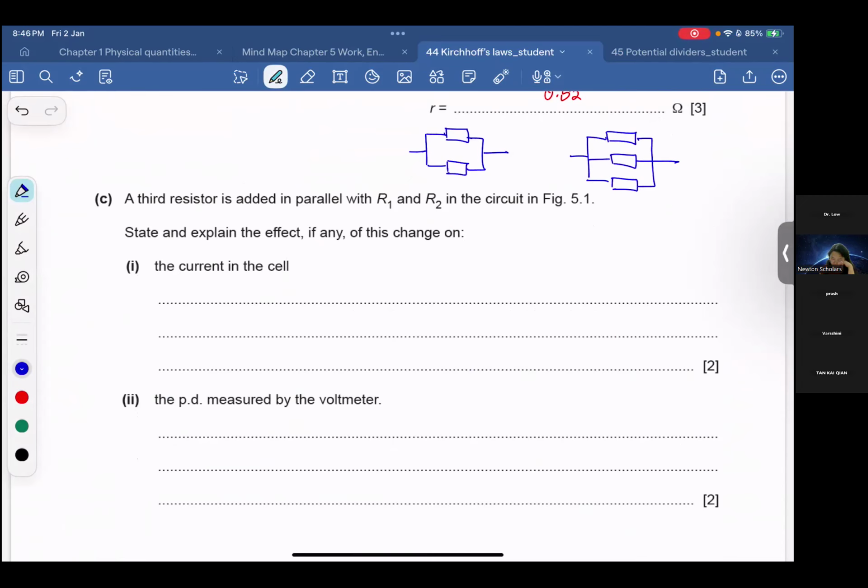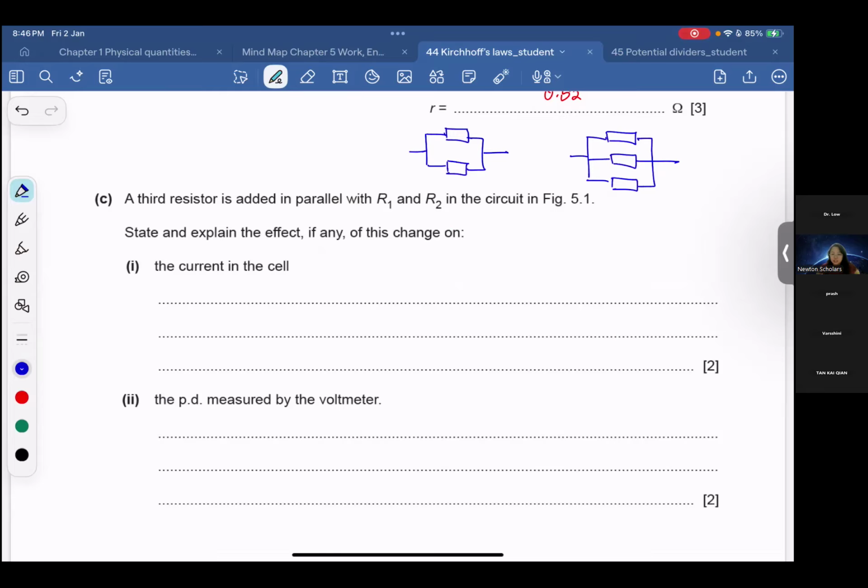State and explain the effect, if any, of this change on current. If you add another third one in parallel again, what happened? What change in the current? And why? State and explain.